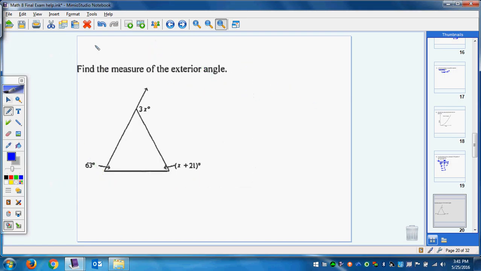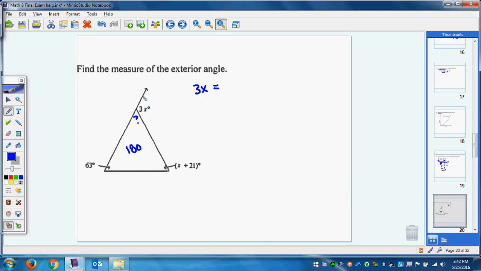All right, so I know the triangle inside here is going to be 180, but it doesn't give me any information about this angle here. So what should I do? Do you guys remember something important? Ooh, maybe you do. That this outside exterior angle, 3x, is equal to these two pieces here.